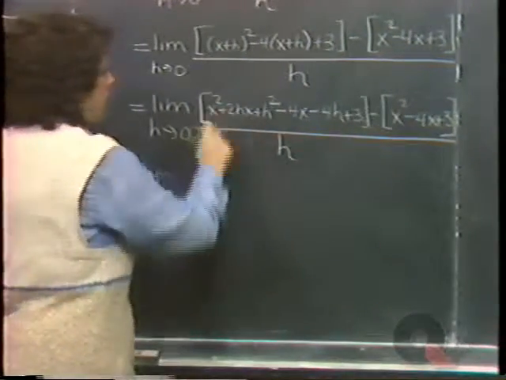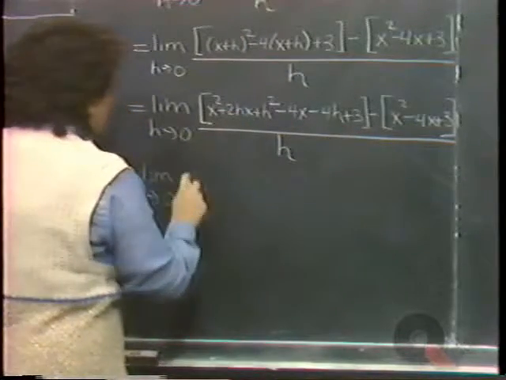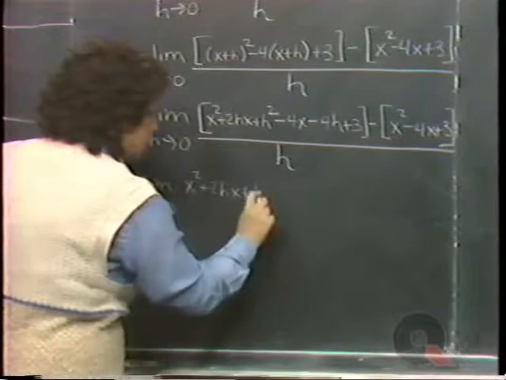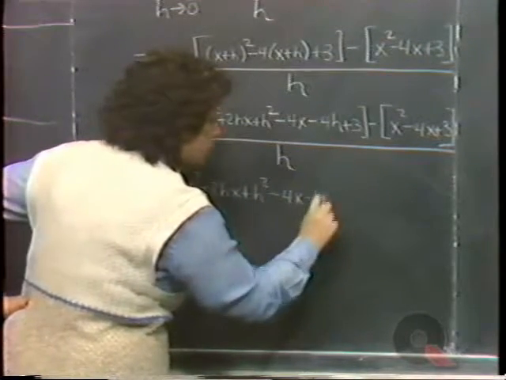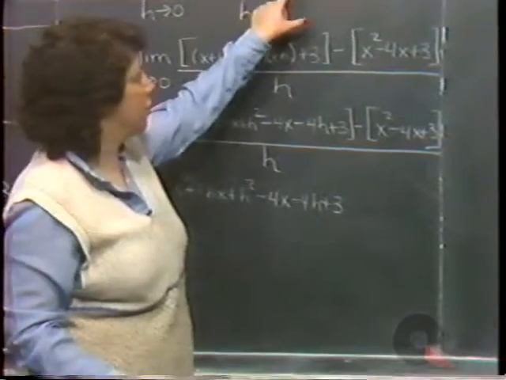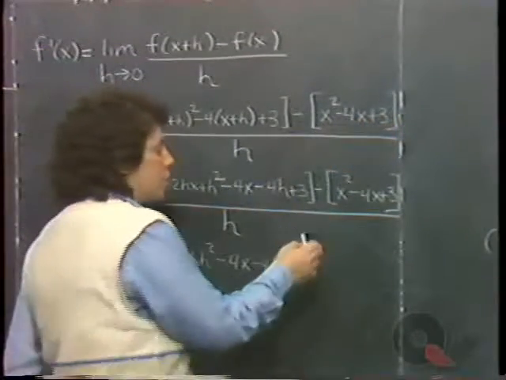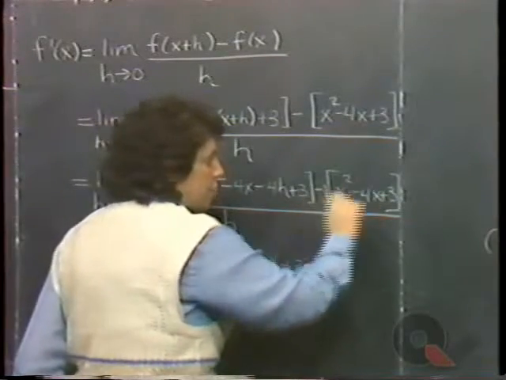Now, you really did not have to have the brackets around f of x plus h. It's x squared plus 2hx plus h squared minus 4x minus 4h plus 3. But it's crucial to keep the brackets around f of x if f of x contains more than one term, because when you subtract f of x, it's really like distributing a minus 1 through this parentheses.